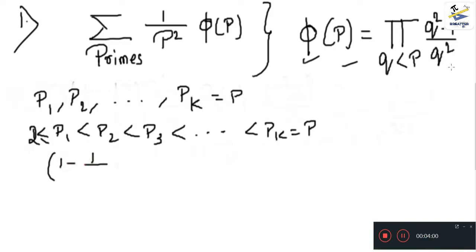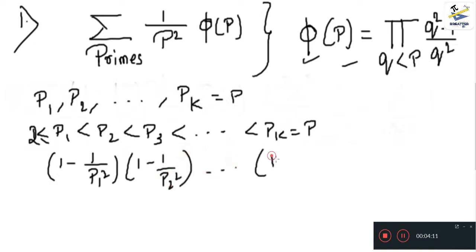Because q square minus 1 upon q square is basically 1 minus 1 upon q square, right? So it becomes something like this, multiplied by a 1 by pk square. Now if you carefully treat this, this kind of sums are very normal. This kind of sums often come with a general idea of the product, and the product is just a sum because it's a symmetric polynomial, right?